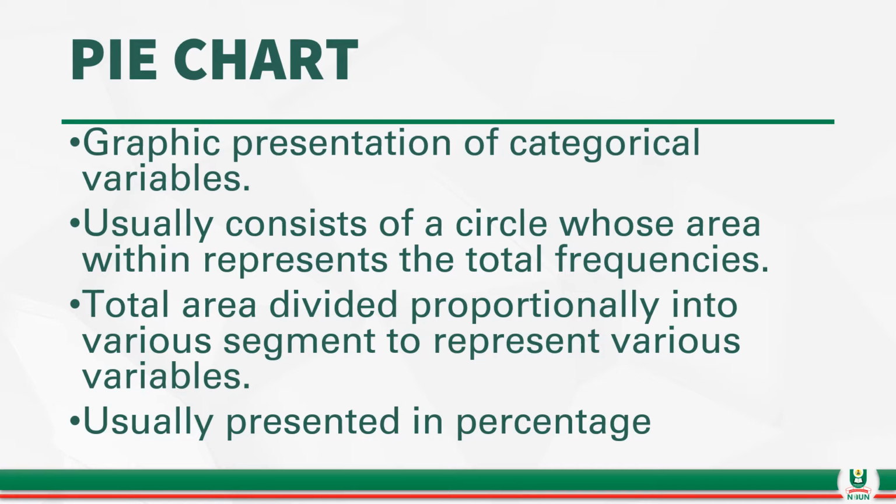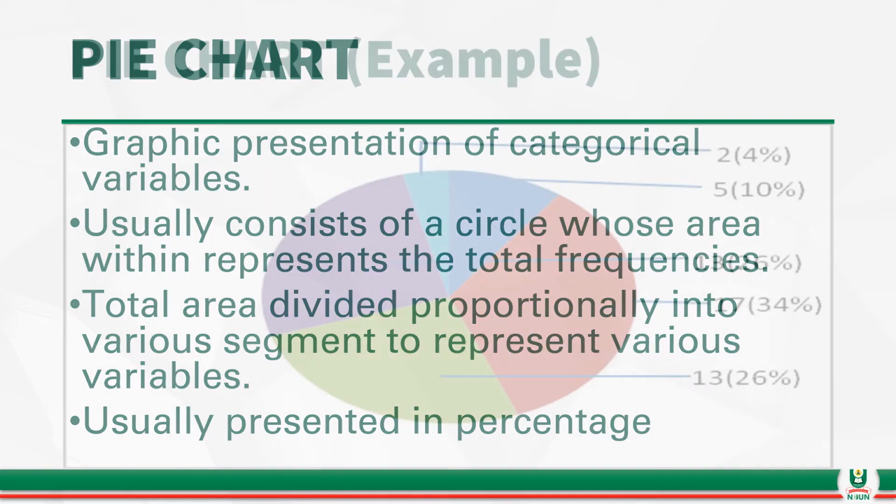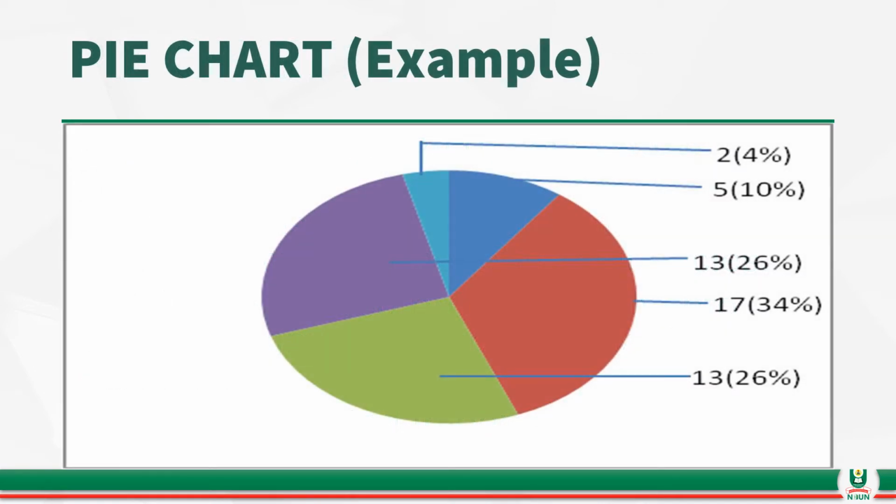It's also presented in percentages. This is an example of a pie chart. You could see the frequency of 5 is presented by 10%, that of 2 is 4%, 13 is 26%, and then 13, 26%, and so on.